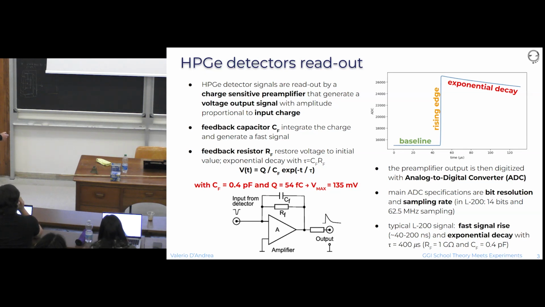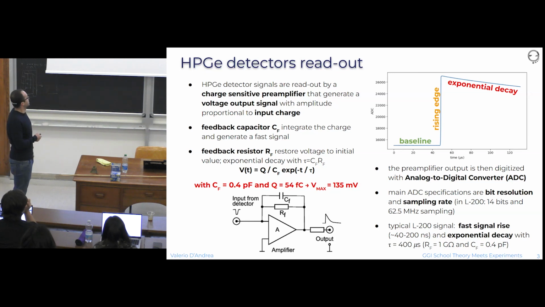So we have a voltage, but to save our data, we convert the analog signal into a digital signal that we then save in our computer. This is done by what is called an analog to digital converter, which is used in all fields that acquire signals from a detector.